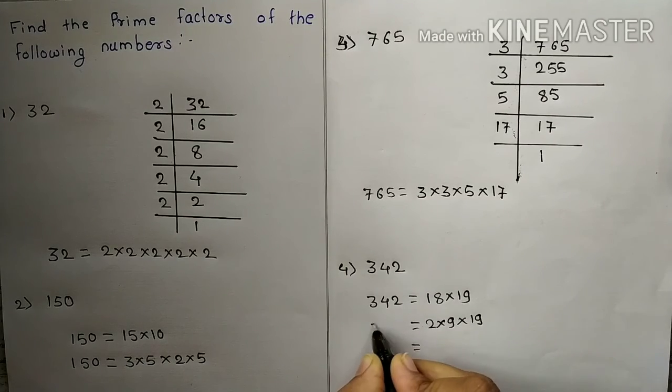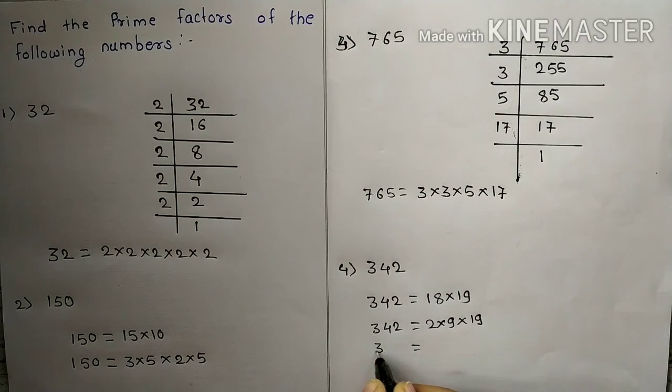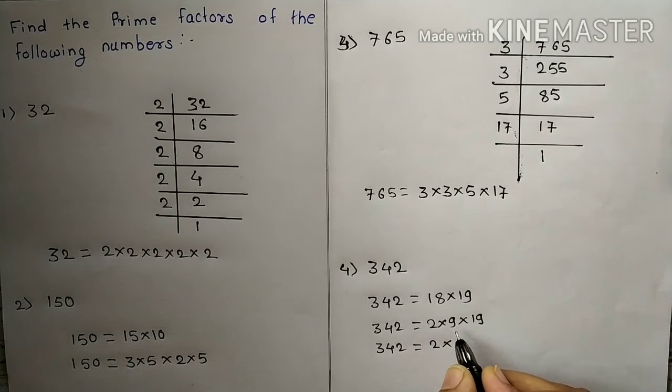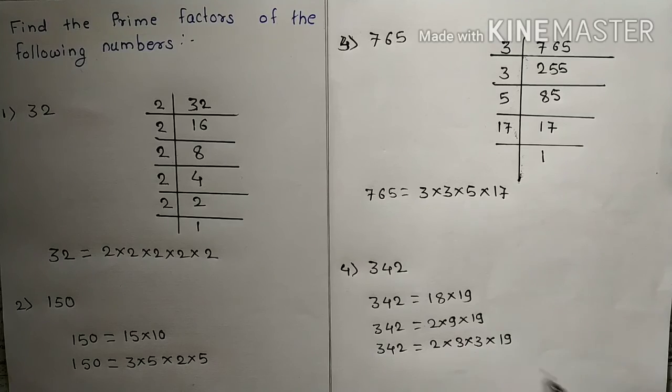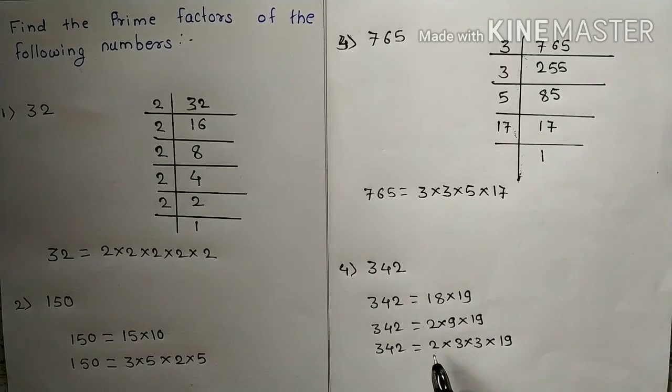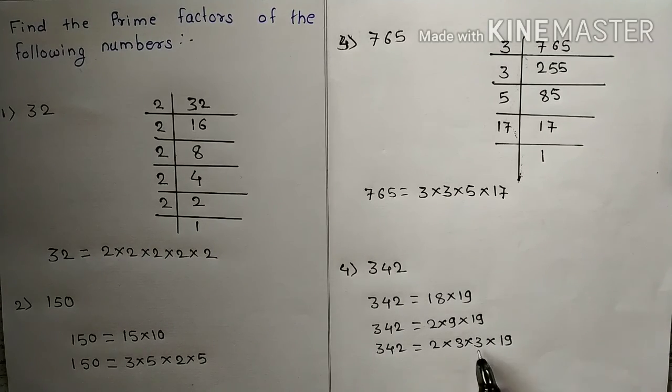Again, 2 is a prime number. Therefore, write down 2 as it is. And 9 can be written as 3 threes are 9, into 19. See here, 2, 3, 3, 19. These are prime numbers.